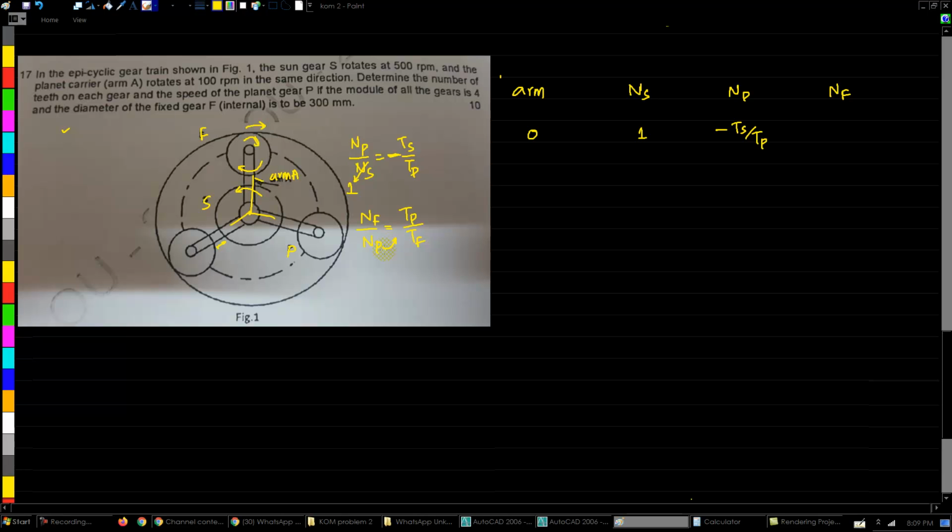Once again, we transfer NP to the other side. We get NF equals minus TS by TP. I've directly substituted the value of NP here, and then we multiply with whatever remains, so TP by TF. TP will cancel out, and we'll be left with minus TS by TF.